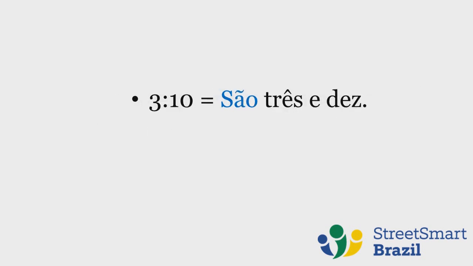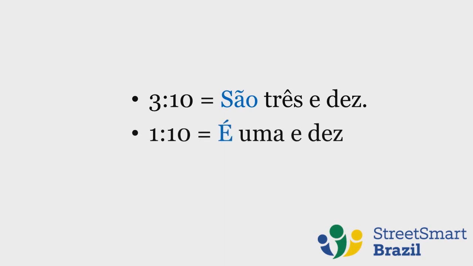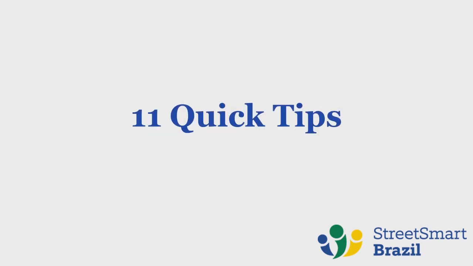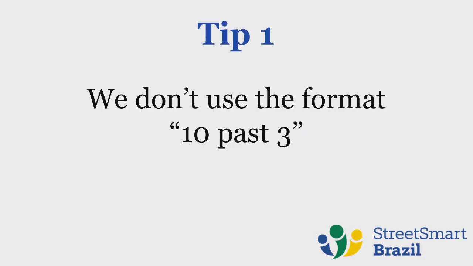When I'm saying 3:10, são 3:10. I have the verb in the plural because I have 3 as the number closest to it. But look at this one. É 1:10. I have a singular number now, so I say the verb in the singular. É 1:10.